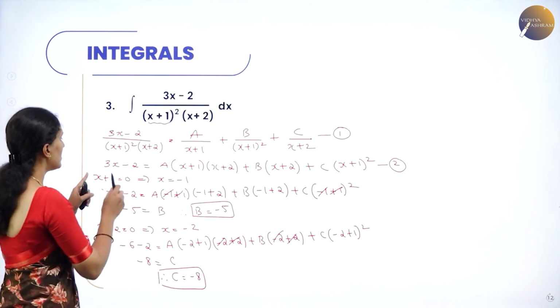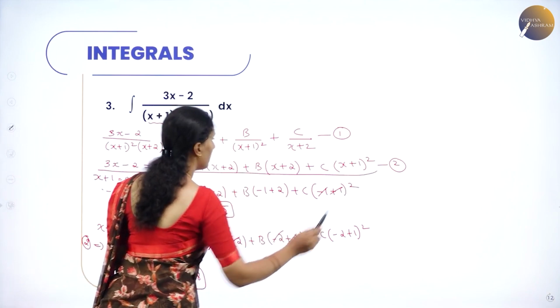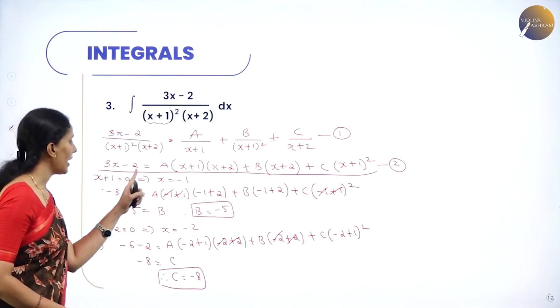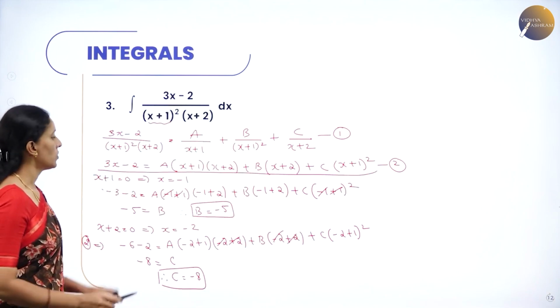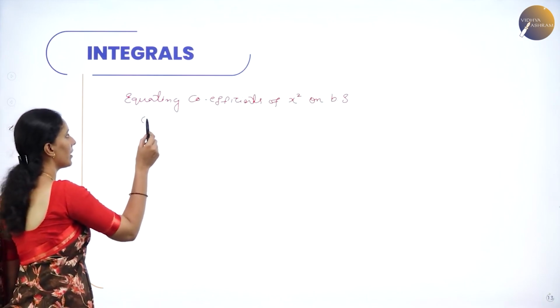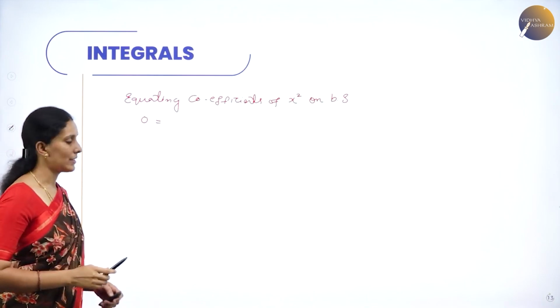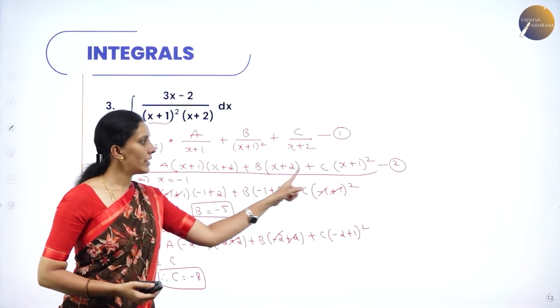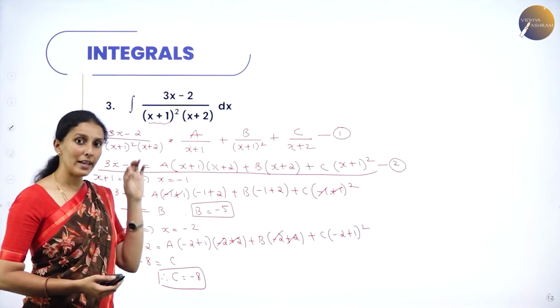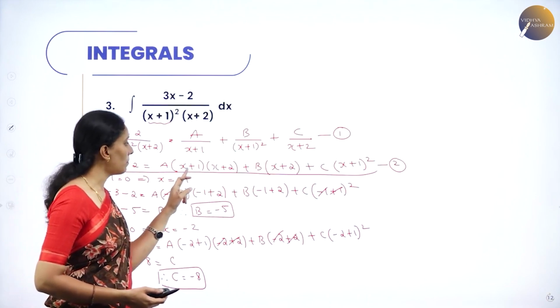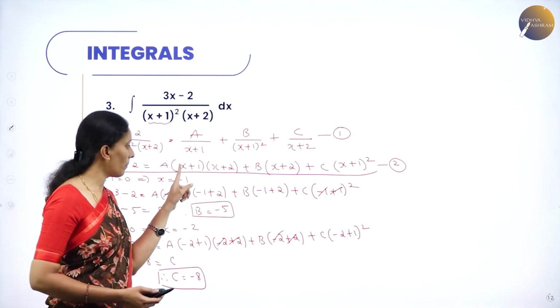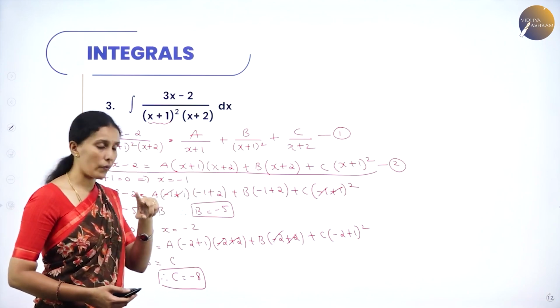So here, observe this equation. Do you have any x square term on the left hand side? No. So therefore on the left hand side you can rewrite it as 0. Next, can you see any x square term here? Yes, because (x plus 1) into (x plus 2), when you multiply x into x, becomes x square.